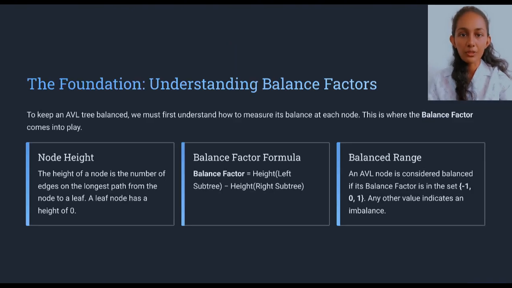Before jumping into rotations, we must learn 2 things. They are node height and balance factor. So, height is the number of edges to the deepest leaf. A leaf node has height 0. Let me show you guys an example. As you can see, 2 is a leaf and the height of it is 0.